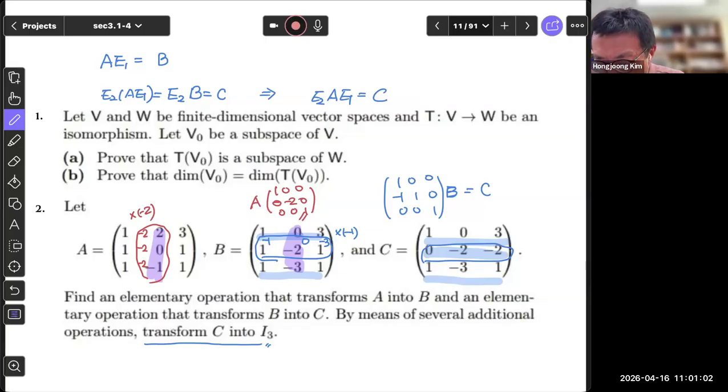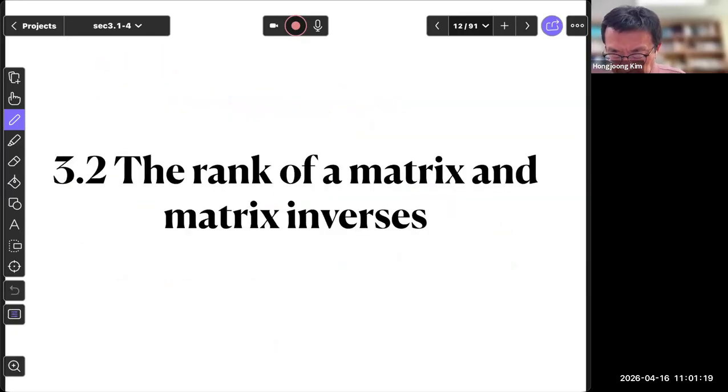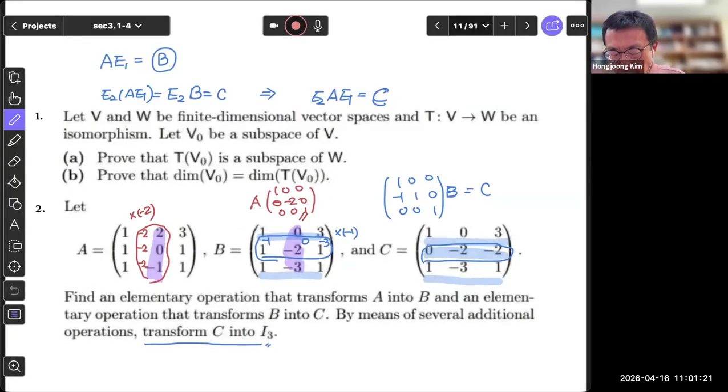So I could write down C, or even B, as a product of certain matrices, and in that product, one of them is the A matrix. Okay? So please remember this fact, and then I will return to this.